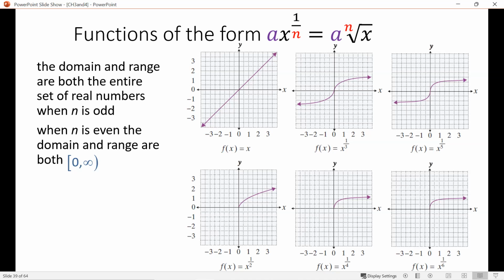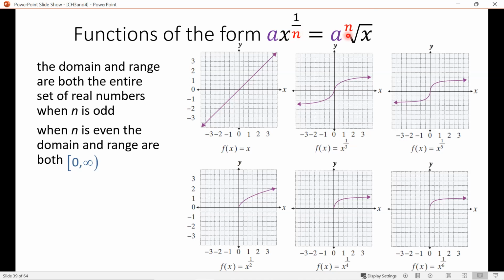That's because you can't take the square root of a negative number, so we are not allowed to plug in negative numbers, and if we can't plug in negative numbers, we won't get out negative numbers, okay? These essentially follow the same rule as before, where as our powers or our index gets larger, by index, I mean the denominator of the exponent.